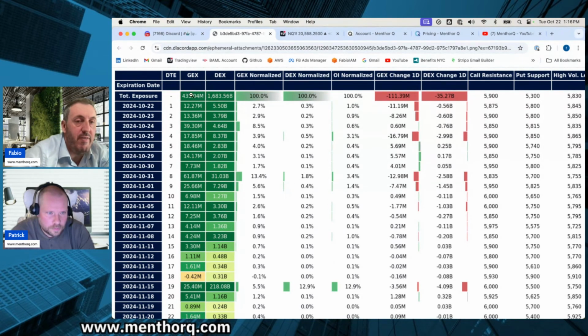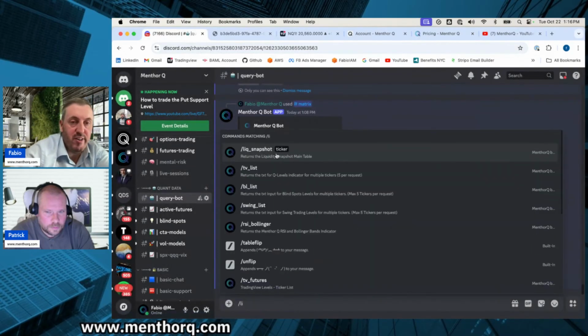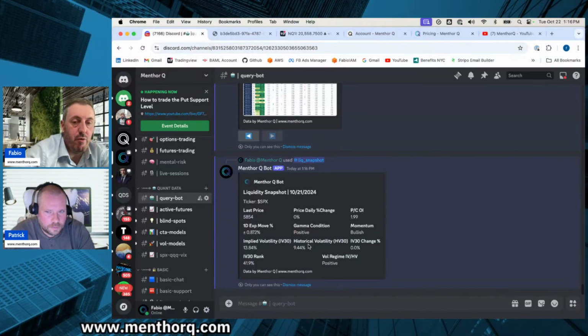So by looking at that, you can see if you are in a positive or negative gamma environment. You can also go back onto our snapshot, and we can quickly see it right here. You can look at either the matrix or the snapshot to see if you are in positive or negative gamma.